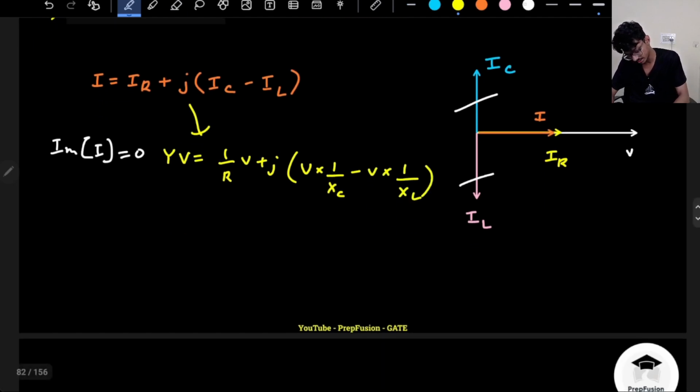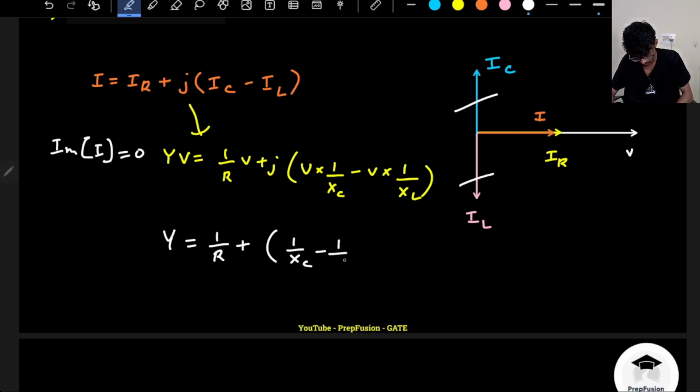Okay, so overall you see that ultimately V will cancel out because V is common. It will be equal to 1 by R plus 1 by XC minus 1 by XL.